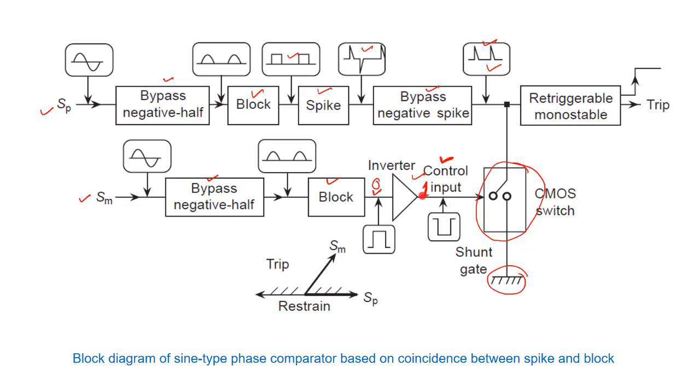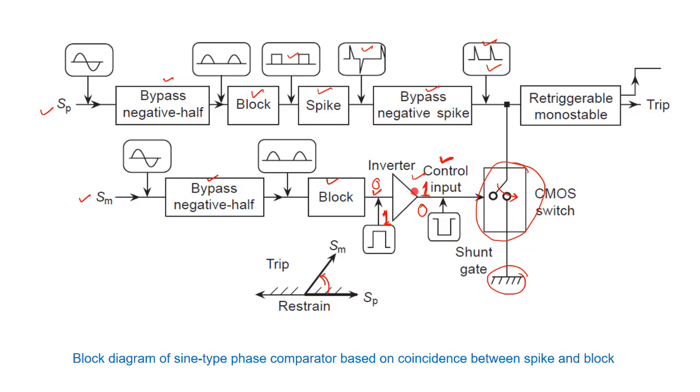As soon as it becomes 1, the switch will be closed, and your spike will be earthed through the CMOS switch. And under the condition when your Sm signal is leading Sp by whatever angle, then at the moment the spike is being produced the Sm block is exactly 1, and this control input will become 0.